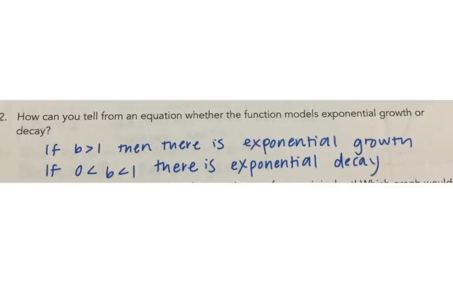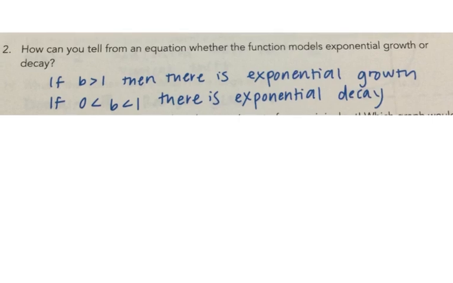Decay. And if the b is bigger than 1, it is growth. And we know what that looks like graphically, right? If it's a growth problem, it's going in this direction from left to right. If it's a decay problem, it's working down from left to right. Right, that's the difference between increasing, decreasing.